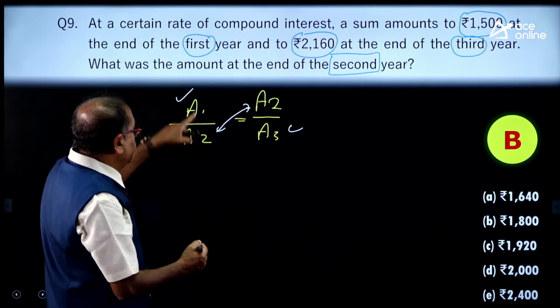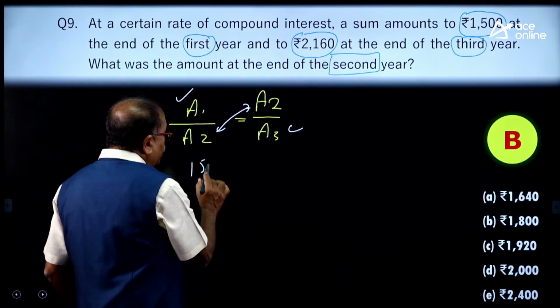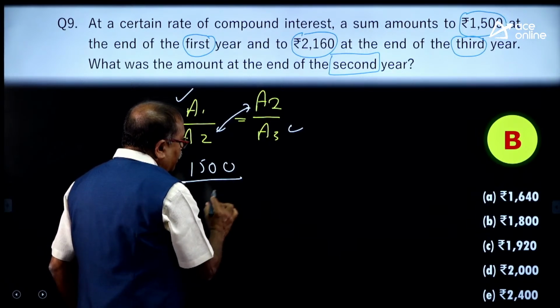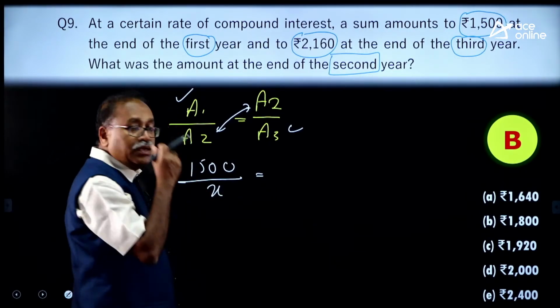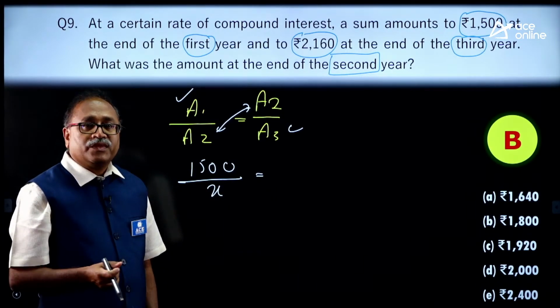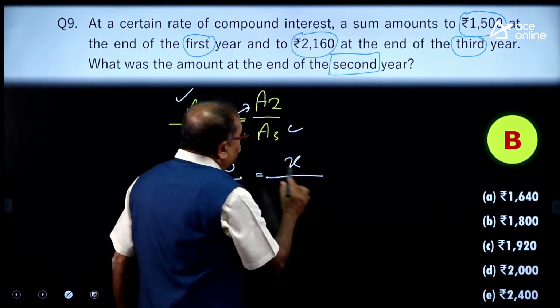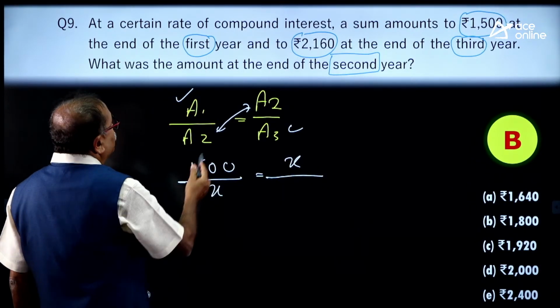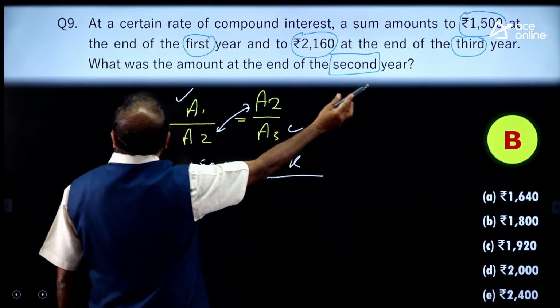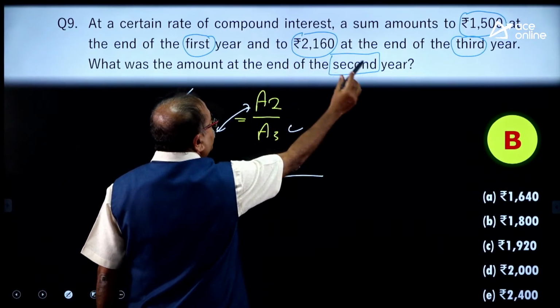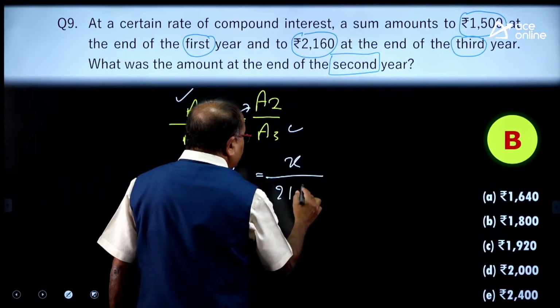That is 1,500, the amount of first year, 1,500 by x is equal to x by the amount of third year, which is given to us, that is 2,160.